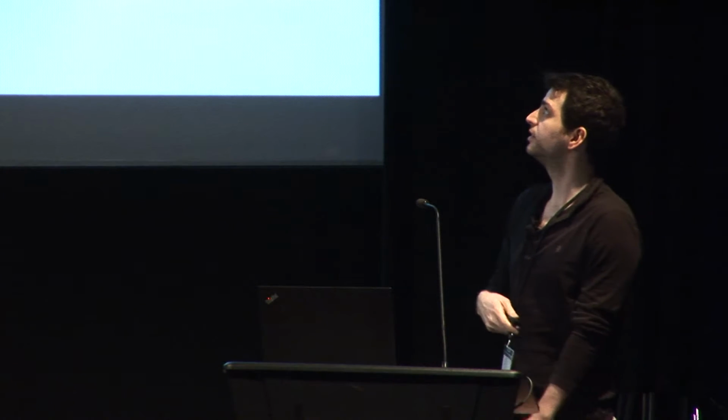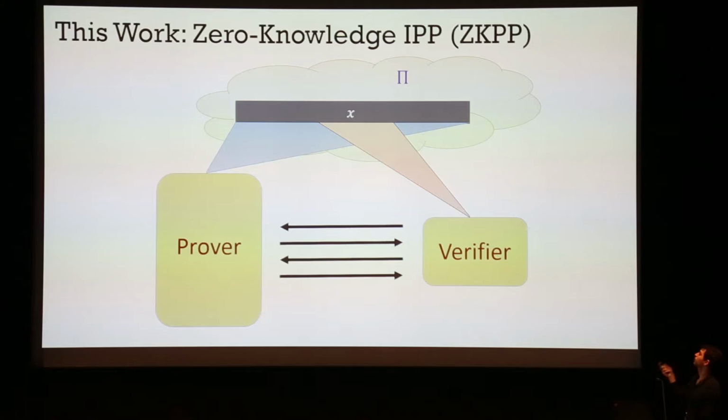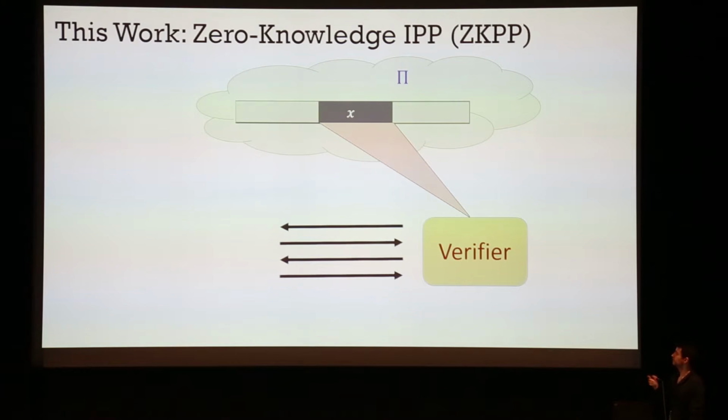Okay, so let's see how we define it. So zero knowledge IPPs, or for short ZKIPP. So this is our completeness case. We have the verifier, a sublinear time verifier, who talks with the prover. The prover has full access to the input x, and the verifier has very limited access to the input x. So in zero knowledge, we don't have the prover anymore because we want to simulate it by ourselves.